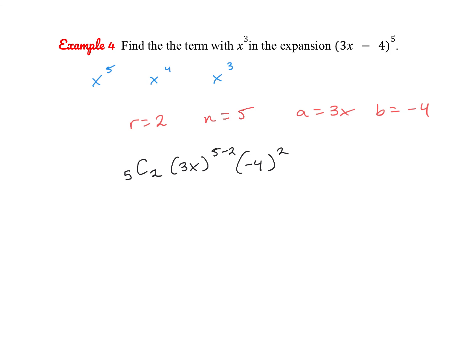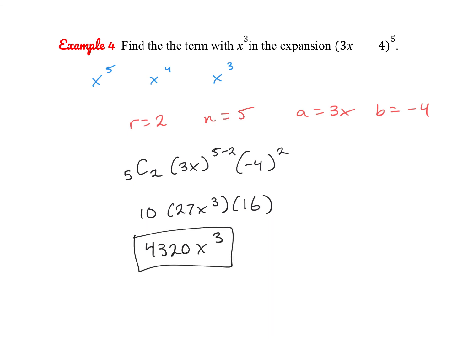And then 5 choose 2, we know from the previous example, is 10. And then this becomes 27x cubed. And then this becomes positive 16. And then it's just multiplying those values together. So we get 4,320x cubed.